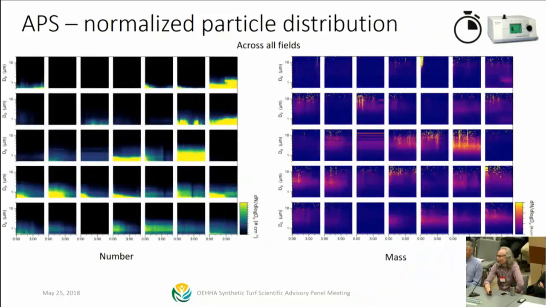Now, this is a very busy slide. This is showing the normalized particle distributions across all 35 of our fields. And what we're basically looking for on the left-hand side is the particle count distribution, and on the right-hand side is a particle mass distribution, assuming a unit density of the particles. A brighter color indicates more particles in that size.